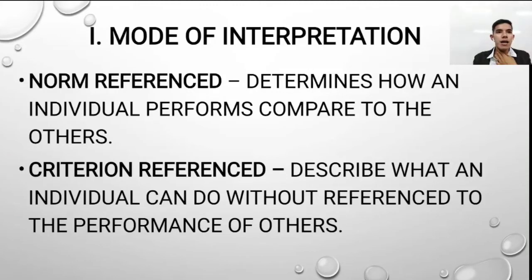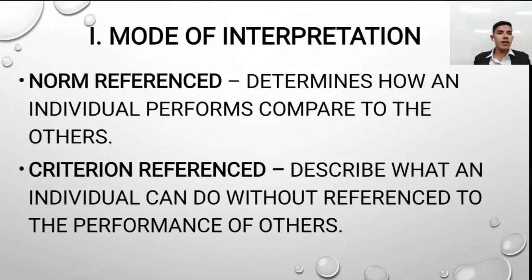Kaya kapag kinumpare mo siya sa isang estudyante, iba yung lalabas na results. At kapag kinumpare mo siya sa other students, iba pa din yung kakalabasan. Let's have an example. So, in student 1 and 2, kinumpare mo si 1 kay 2, which is si 1 mas magaling. Si student 1 mas magaling kay 2. Okay? But, nung kinumpare si student 2 kay 3, mas magaling naman si student 2 kay 3. Kaya siya nagiging subjective. Kasi their positions of their performance may vary according kung kanino siya ikukumpara.